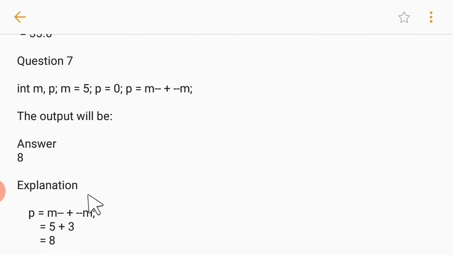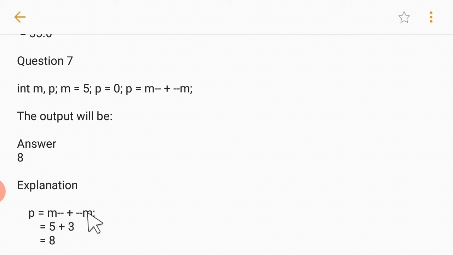When it reaches the second operand, which is again m but written as --m, by the time it reaches here m will become 4. Why 4? Because it was m--. That is the effect of this decrement, that is why it becomes 4.